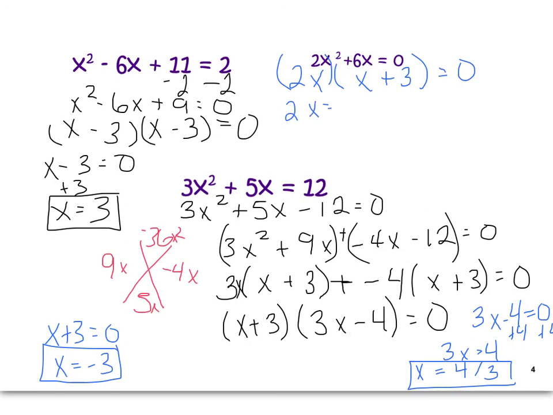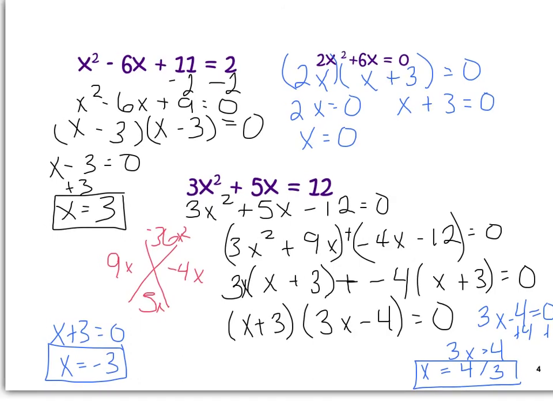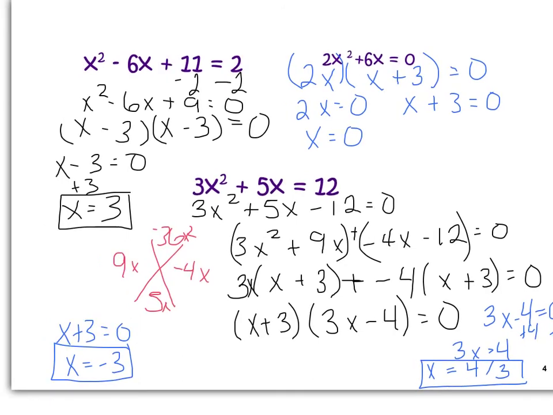So 2x equals 0, and x plus 3 also could equal 0, and could give me 0 for my entire equation. Now if I divide by 2 here, I'm going to get x equals 0, and subtracting 3 on both sides here gives me x equals negative 3. Both of those are solutions to this equation.